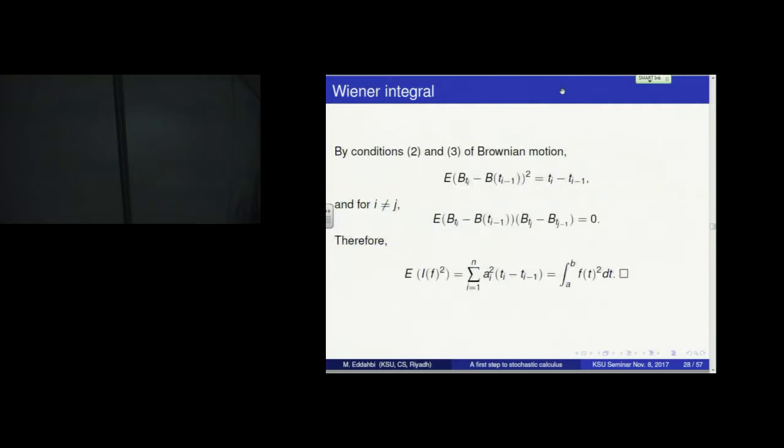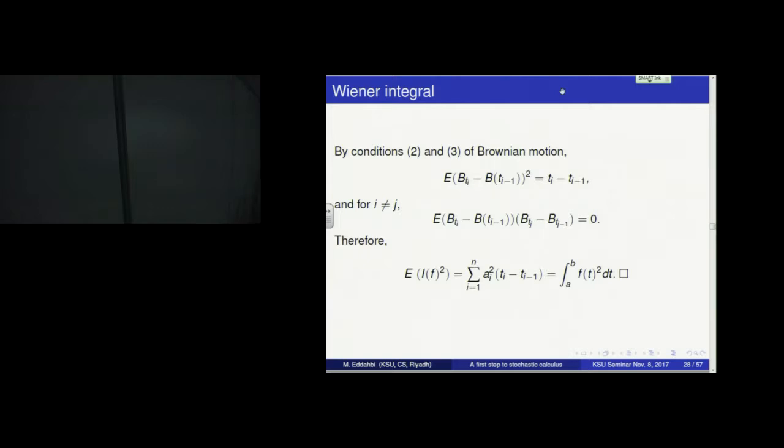At the end I get exactly this. So I'm fine, because I was able to connect the L2 on the probability space with L2 on [a,b]. Now I'm in a Hilbert space, this space is complete, so I can go to the limit.